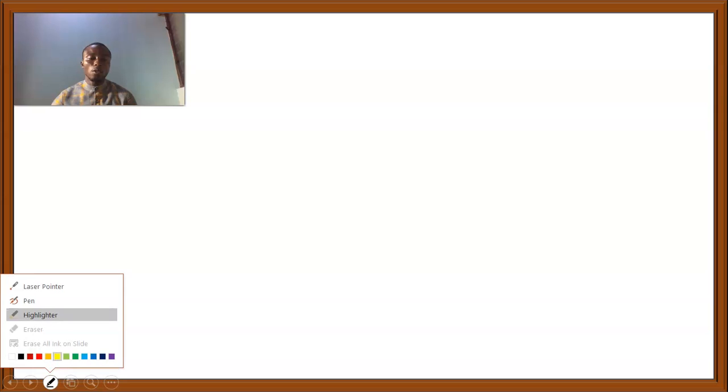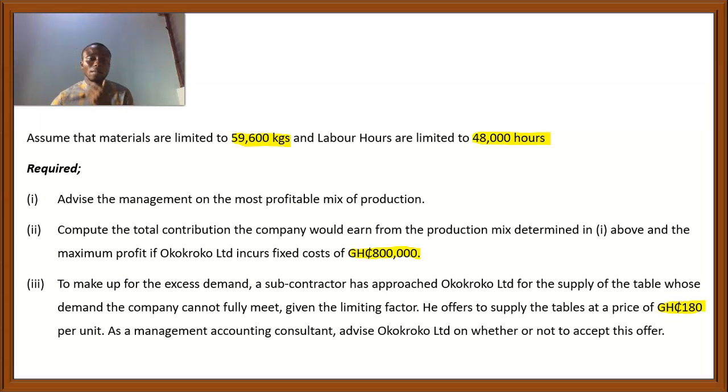Alright, so like I said earlier, a limiting factor is that resource or that factor of production or that input that sets a limit on the number of units a company can produce. In the question we are told that materials are limited to 59,600 kilograms and labor hours are limited to 48,000 hours.